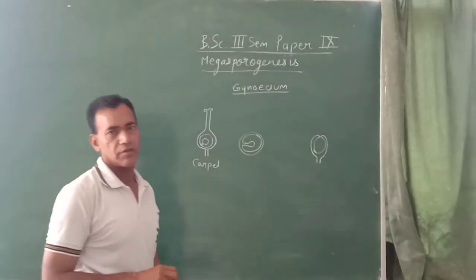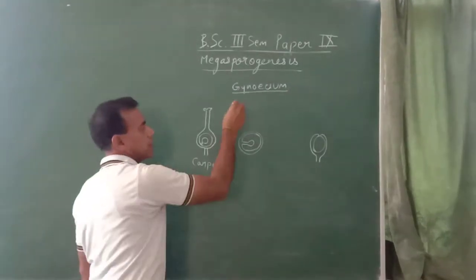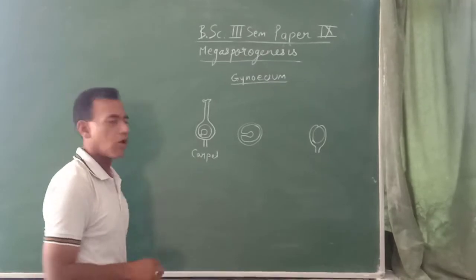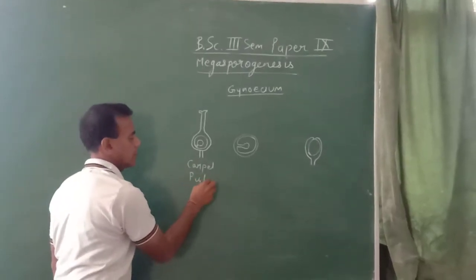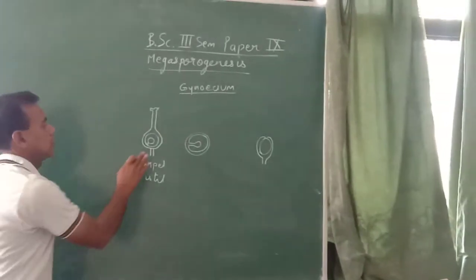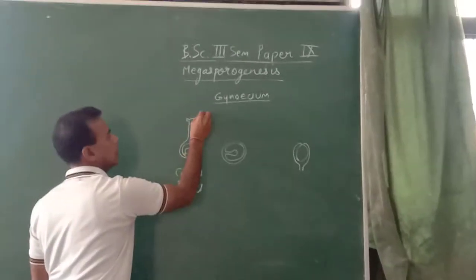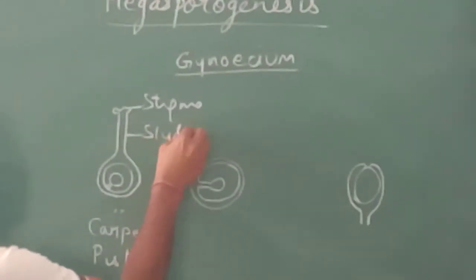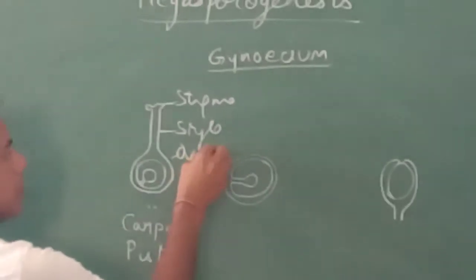Now, coming to the female reproductive part of the flower, which is known as gynoecium. It is a collective term, and the independent unit is called a carpel or pistil. This structure is made up of stigma, style and ovary.